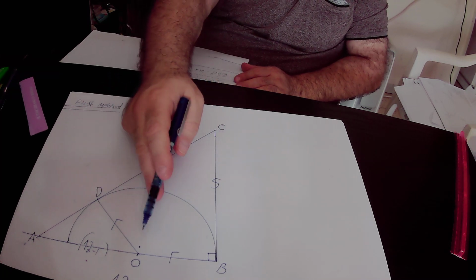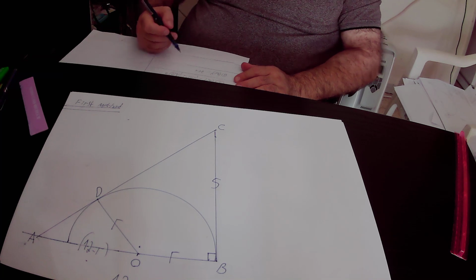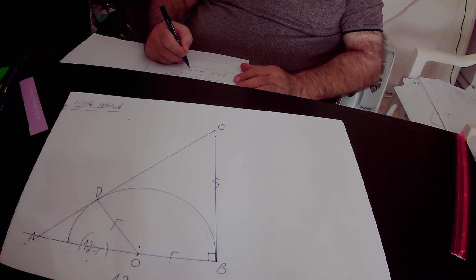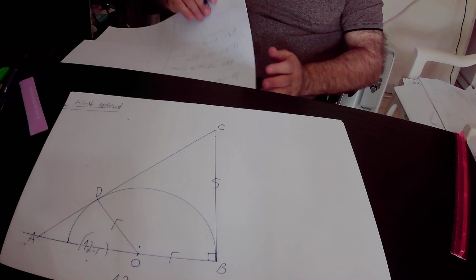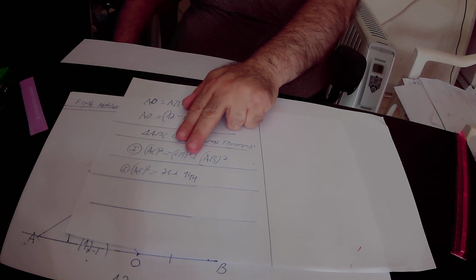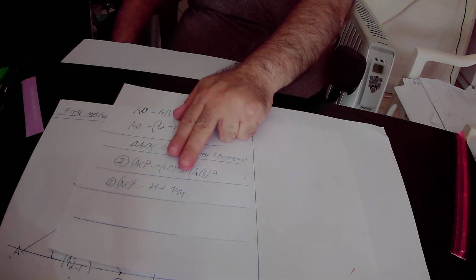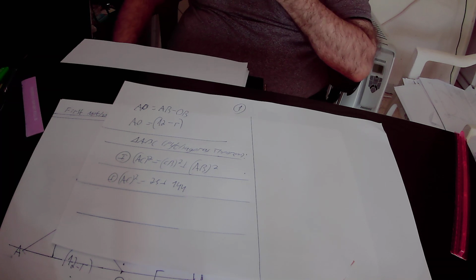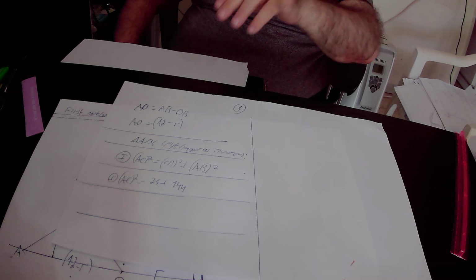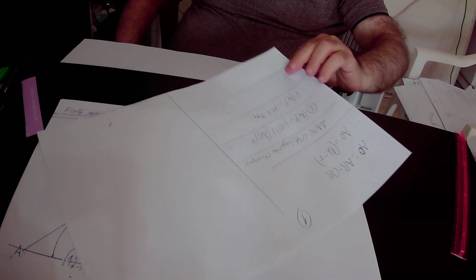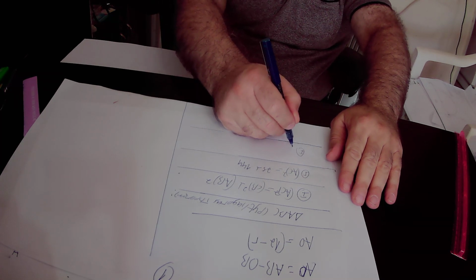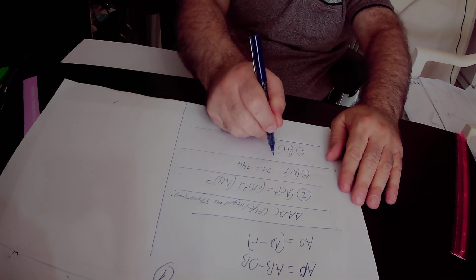AB equals 12 units, it is given in the question, so AB squared is 12 squared, and 12 squared is 144. So in conclusion, according to equation number 1, AC squared equals 25 plus 144. 25 plus 144 is 169, so I will write it down. We found that according to equation number 1, AC squared equals 169.